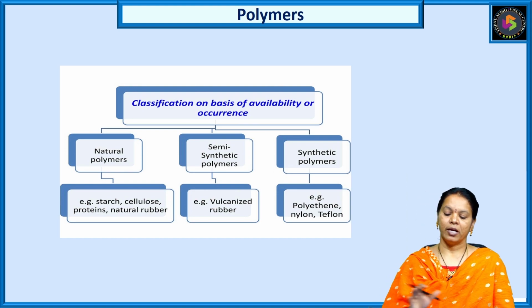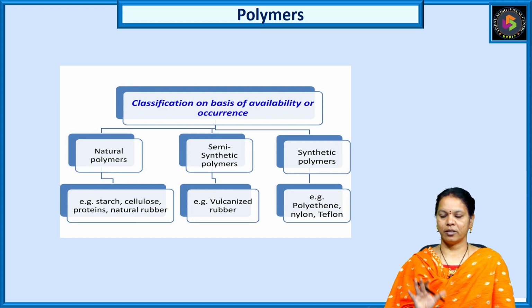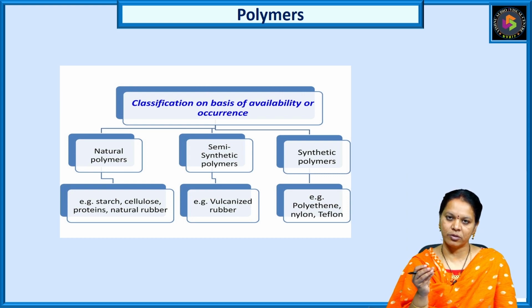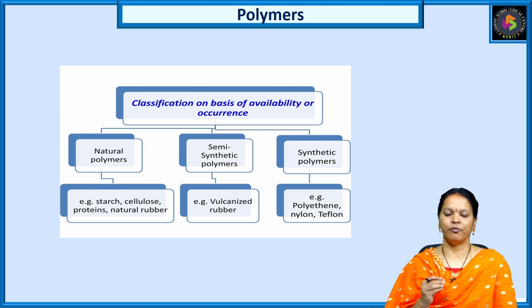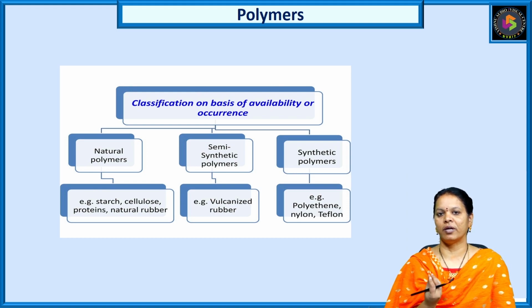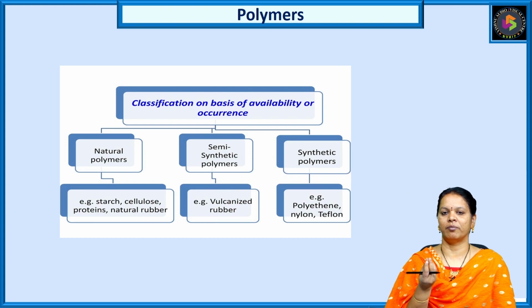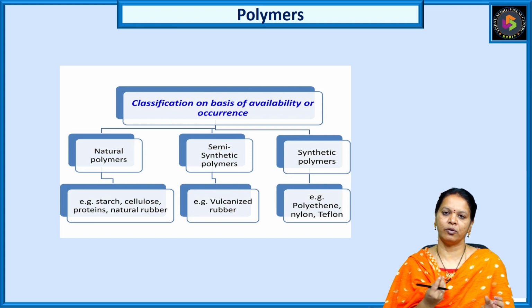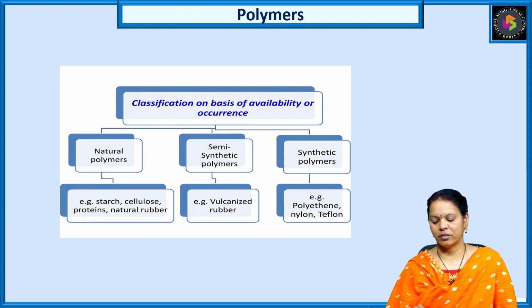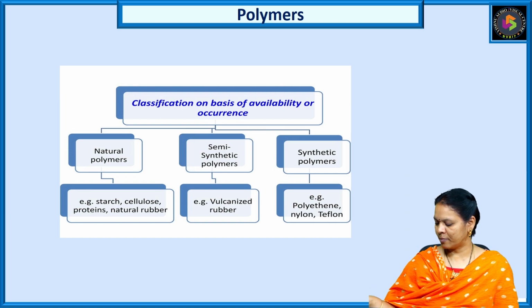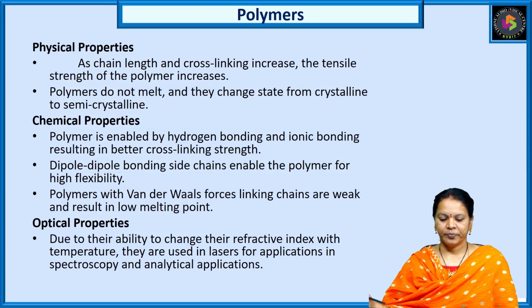And there is a category called semi-synthetic polymers, where we use a naturally existing one but modify it so that it becomes biocompatible. In a crude form we can't use it. Rubber is an example of such polymers.